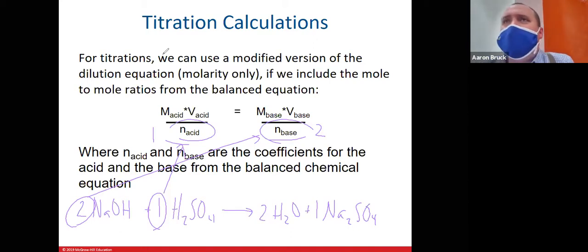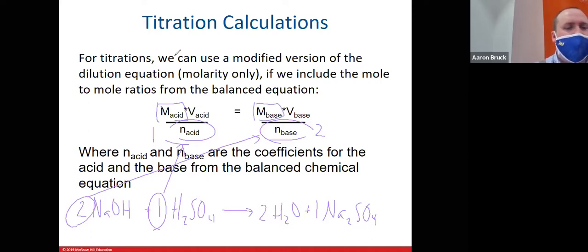This is a really useful equation because it allows us to do calculations and determine unknown concentrations with relatively minimal algebraic manipulation. Most of the time, these ratios are 1 to 1, 1 to 2, 1 to 3 kinds of things. Really straightforward and simple. Now we have to use molarity in our M values here.